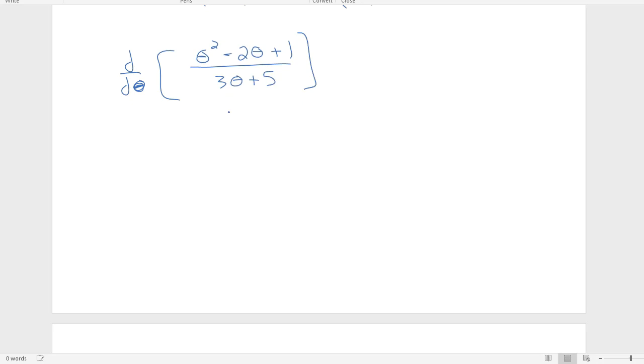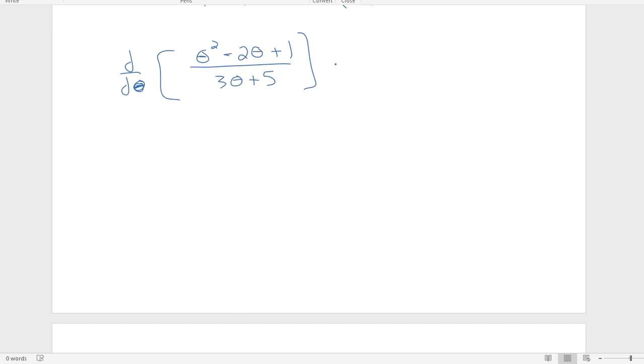So here's this rational function, this quotient, and I want to take the derivative of that expression. My independent variable here is theta, and I'm taking the derivative with respect to that independent variable.